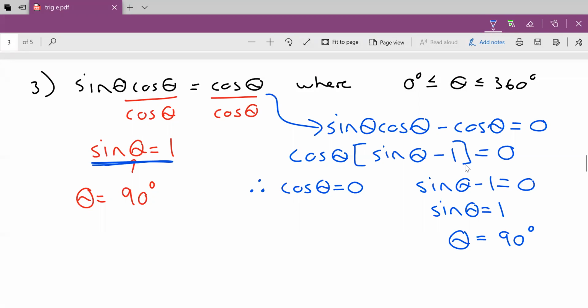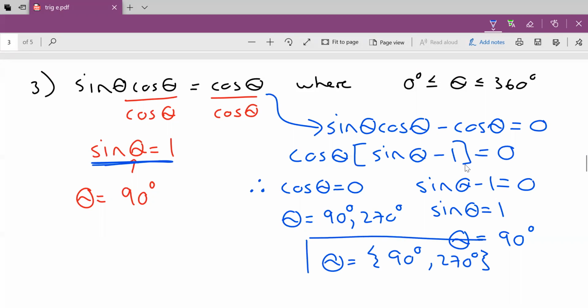So what angle gives me cosine 0? What angle makes my x value 0? Well, that's at 90 degrees as well, and at 270. So my solution to this is 90 and 270. What goes wrong in the first attempt that I did in red is this right here, this division.